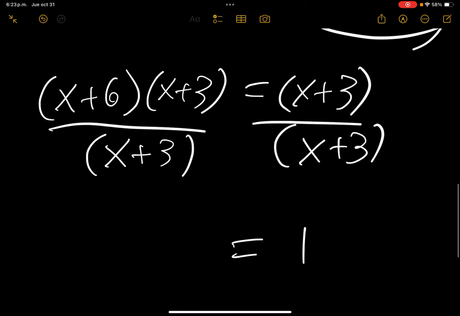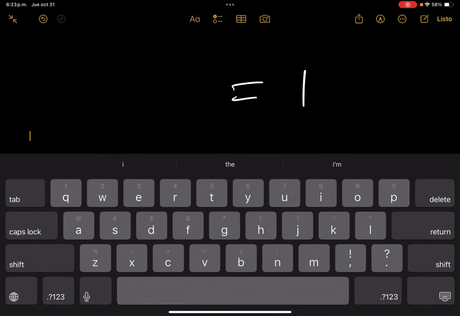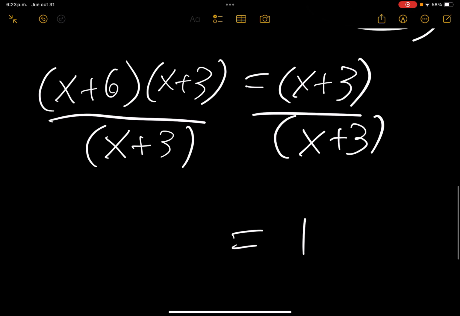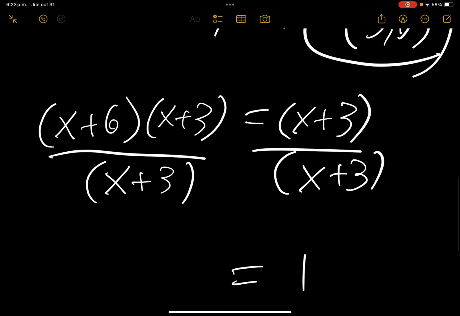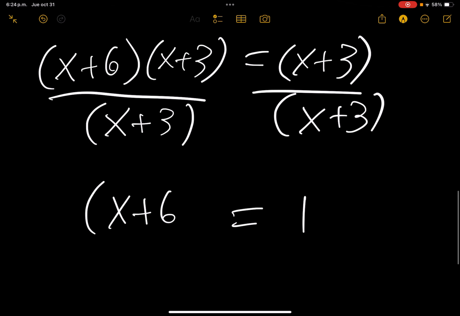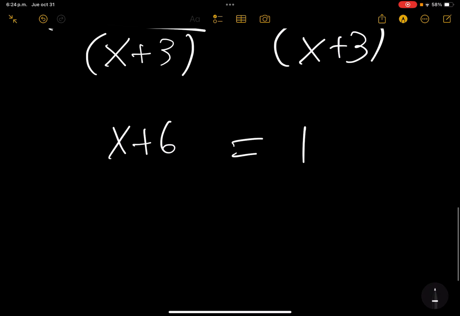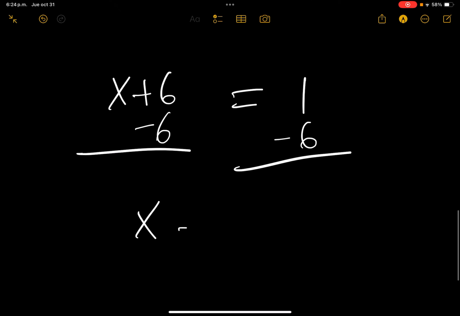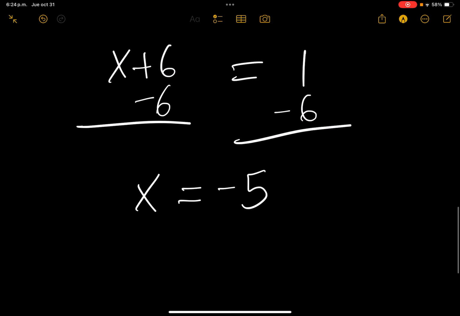So, I can get this entire left side to be x plus 6 times 1, which is the same thing as x plus 6. I don't need that parenthesis anymore because there's nothing else on this side. Now I've got to solve for x. I subtract 6 from both sides, and we get x equals negative 5.